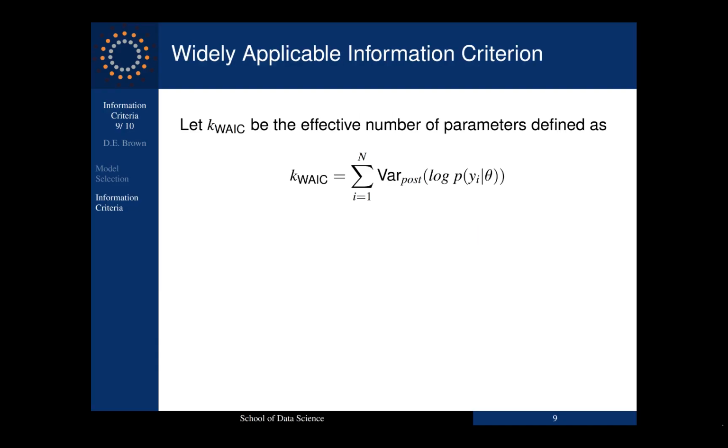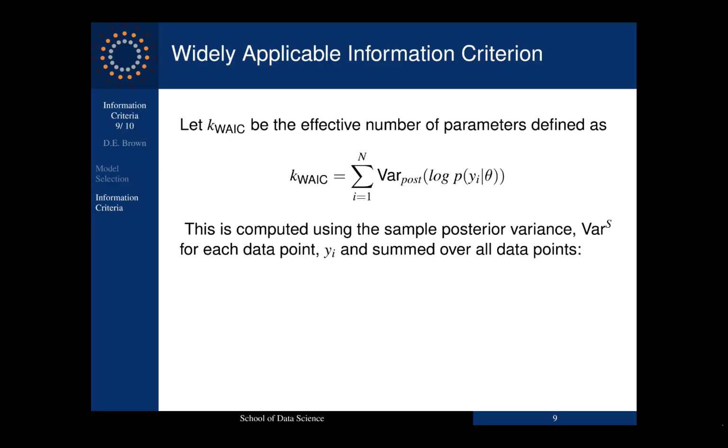Now we're again going to compute the effective number of parameters, but we're going to call this k_WAIC, for widely applicable information criterion. And that's computed using the variance of the posterior, again summed over all observations in our data set. Again, this is computed using samples of the posterior variance.